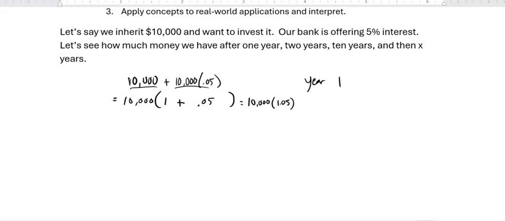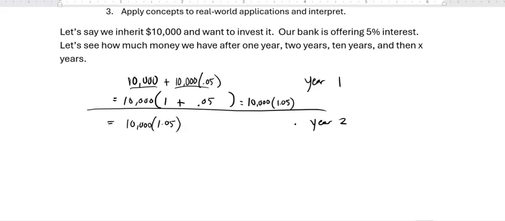Okay, and I'll show you why I'm writing that when I do year 2, year 3. So year 2, you're going to have how much money you had at the end of year 1. That's the 10,500, but I'm going to choose to write it like this. I'll show you why. And then I'm going to earn 5% on that amount that I had throughout the year. So that's 10,500 times the 0.05. Okay.